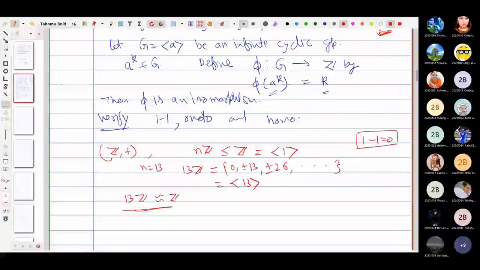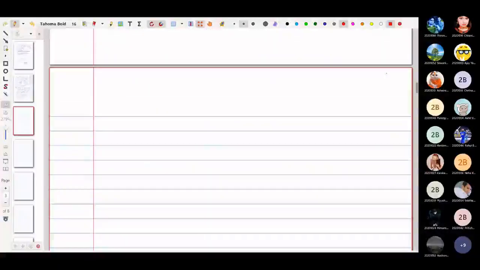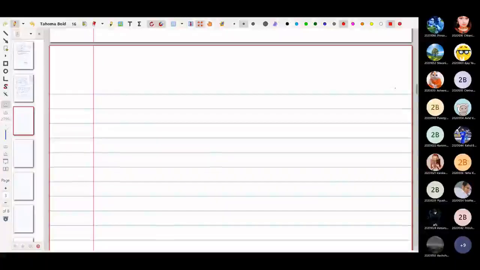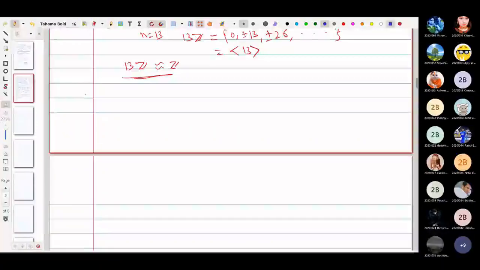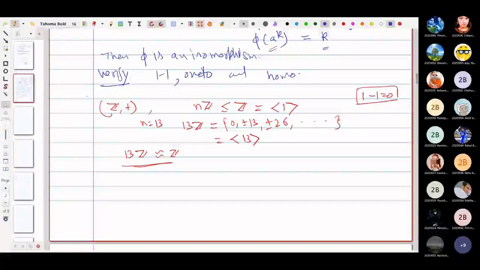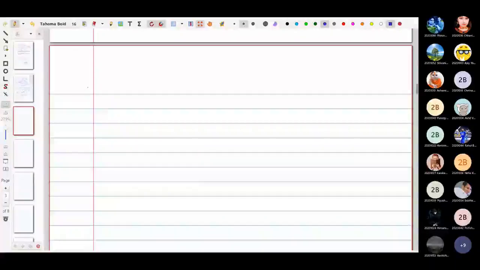So the natural question is what we can say when the group is finite. The next result is about that only. I think this was example 2. Let us say example number 3.